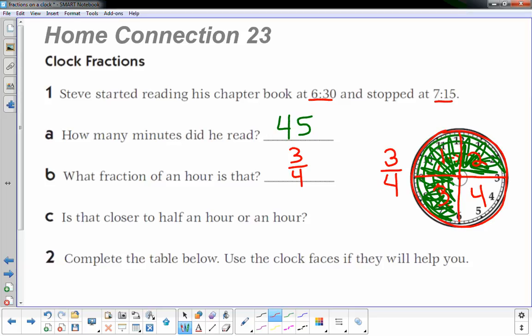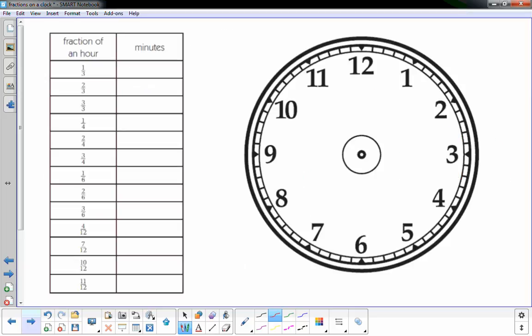I'm going to go to number 2 now. Complete the table below. Use the clock faces if they will help you. I just have one giant clock face to help you see this at home, but on your paper you have multiple clock faces. Fraction of an hour, 1/3.